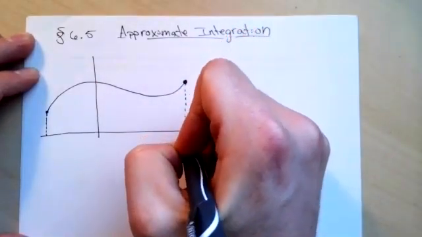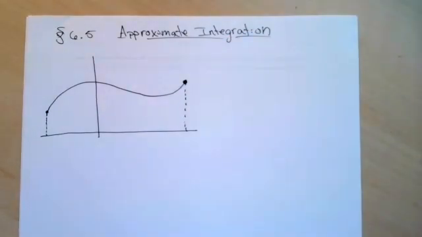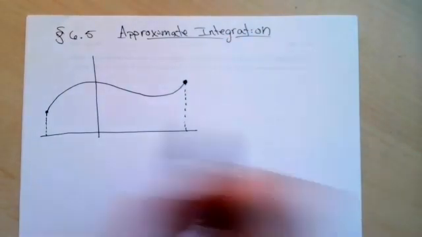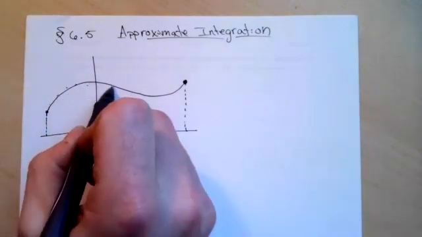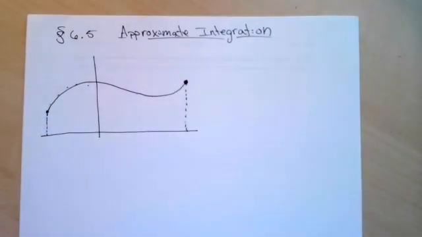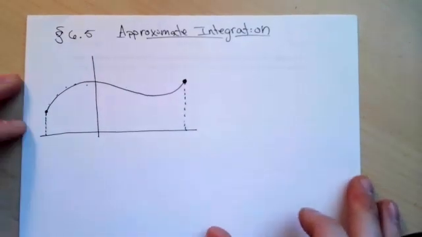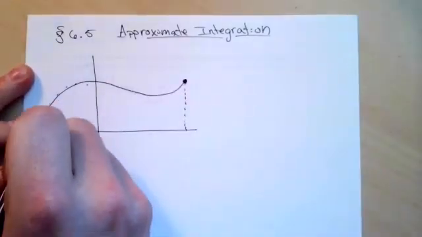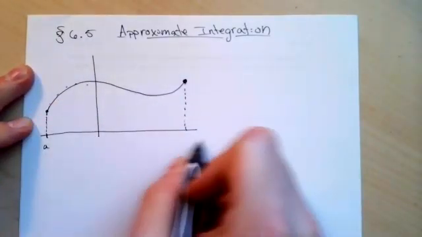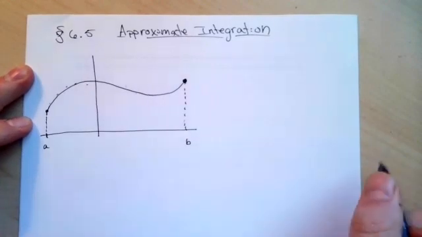Or more practically, what happens is we don't even have functions. We oftentimes just have a set of values where we want to approximate areas under the curve. So we usually have some start value, some end value.